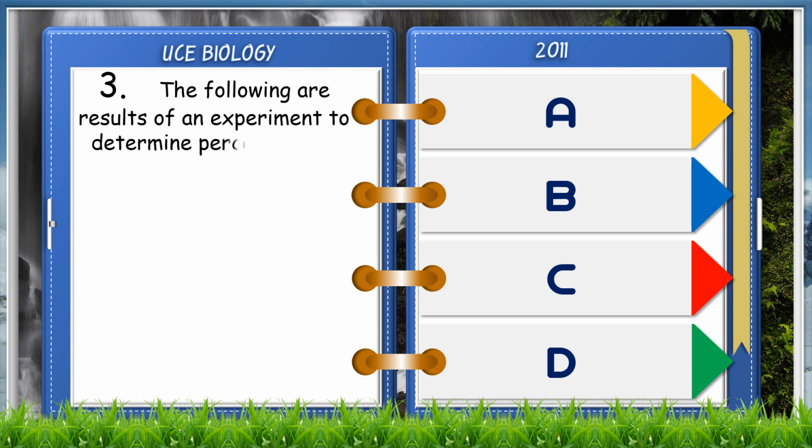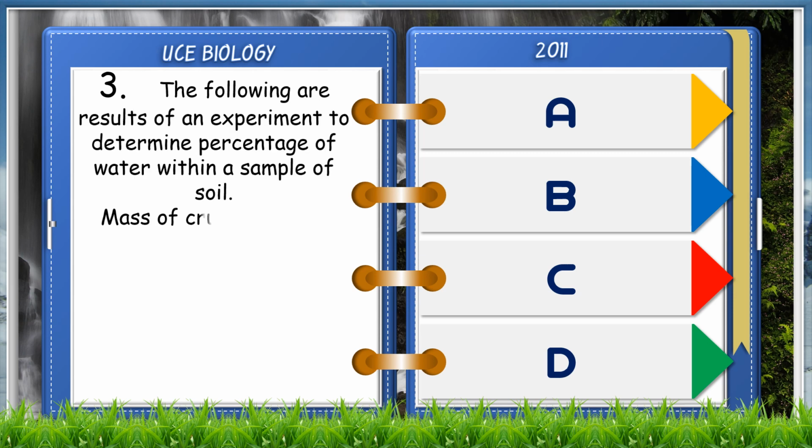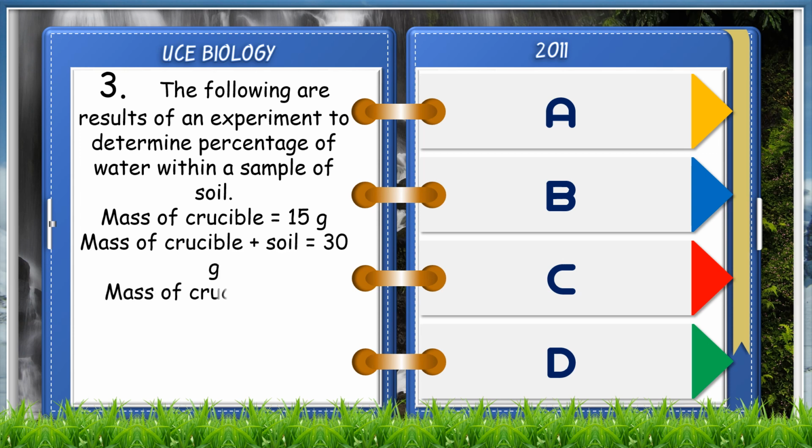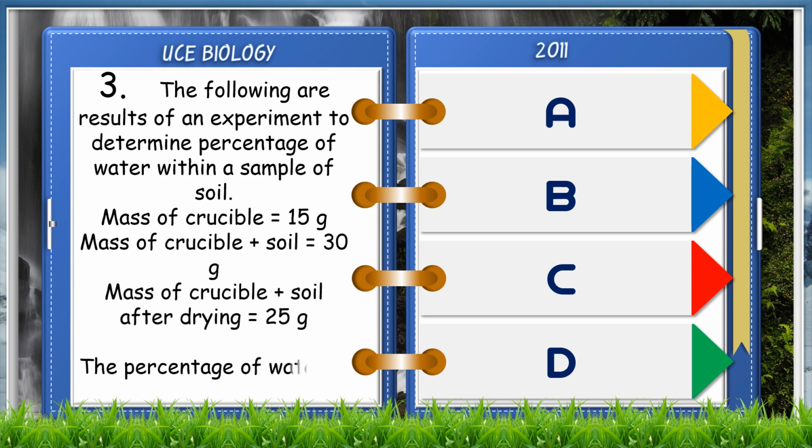The following are results of an experiment to determine percentage of water within a soil sample. Mass of crucible 15 grams. Mass of crucible and soil 30 grams. Mass of crucible plus soil after drying 25 grams.